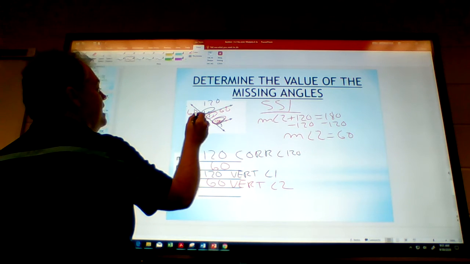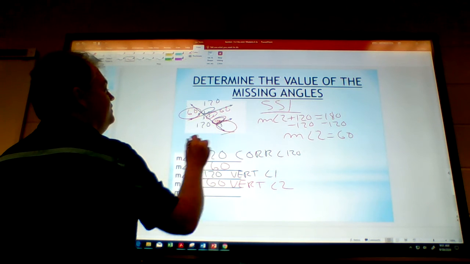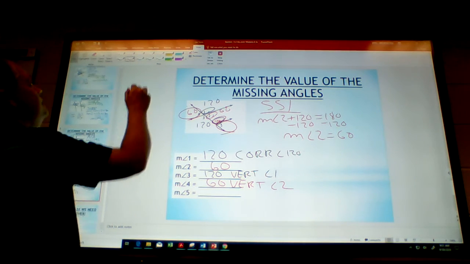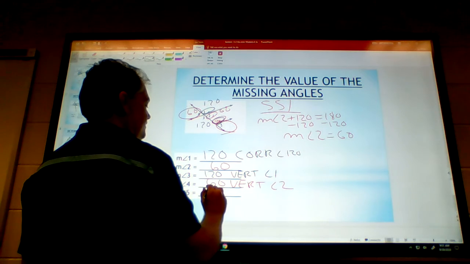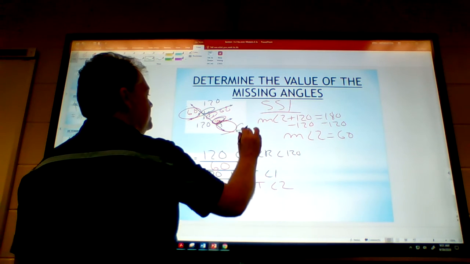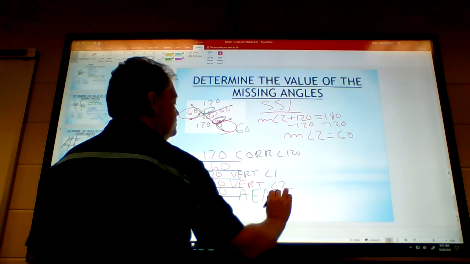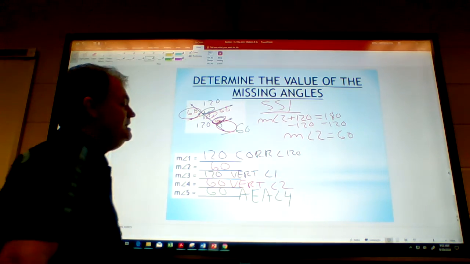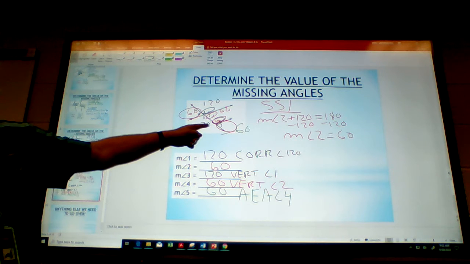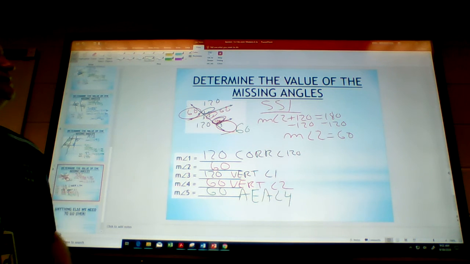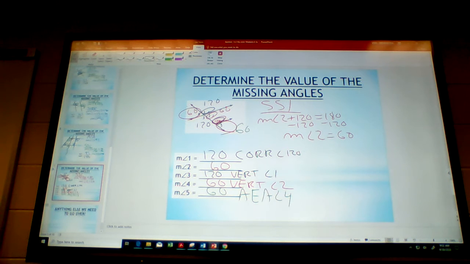Angle 4 and angle 5 are alternate exterior angles. So angle 5 has a measure of 60 degrees because it's an alternate exterior angle to angle 4. Or we could even say it is supplementary with the angle 120. So either way, it's going to work.